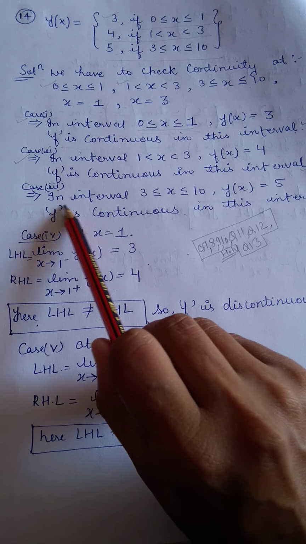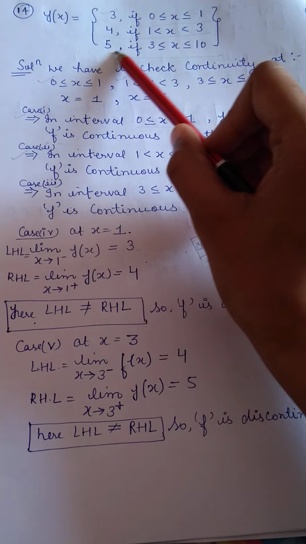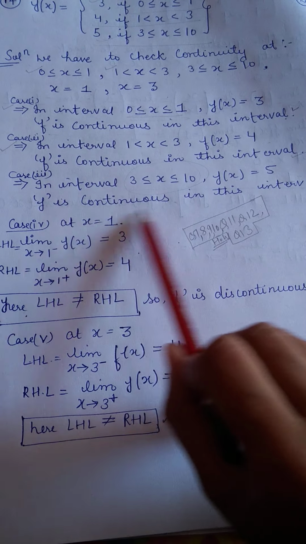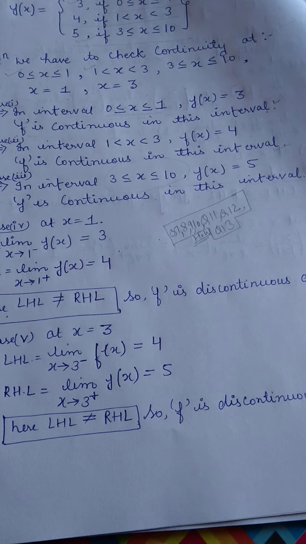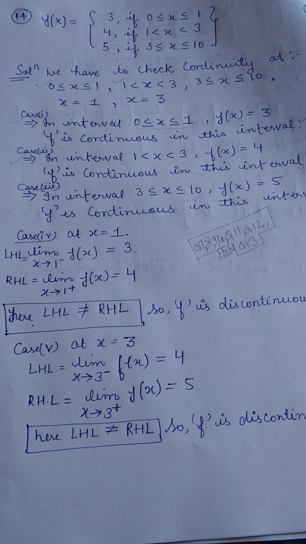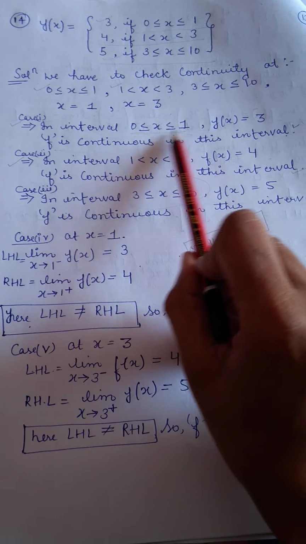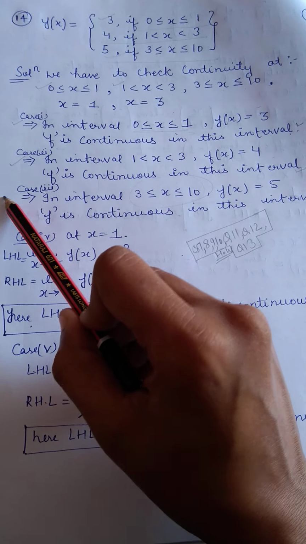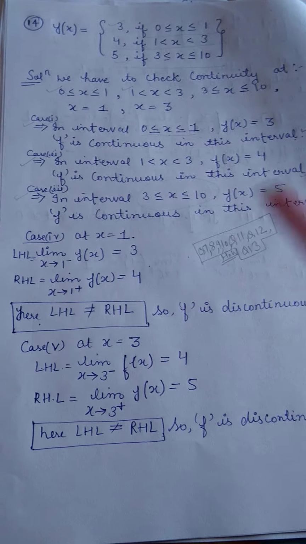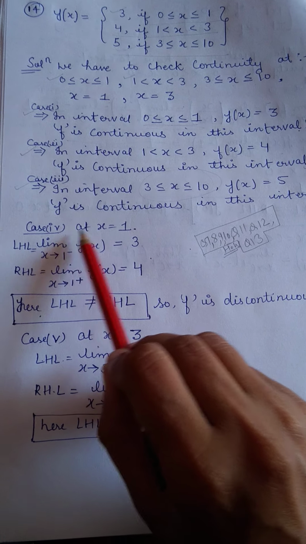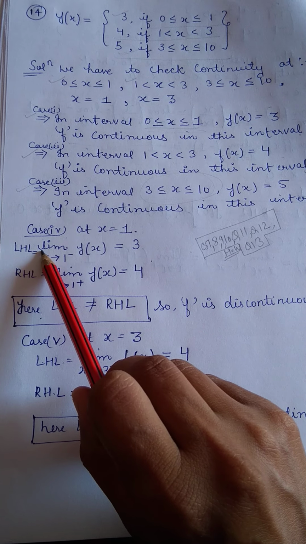And then बच्चे, in this interval f(x) value is 5 and I would say f(x) is continuous in this interval. So at these 3 different intervals, it is all continuous. Clear?